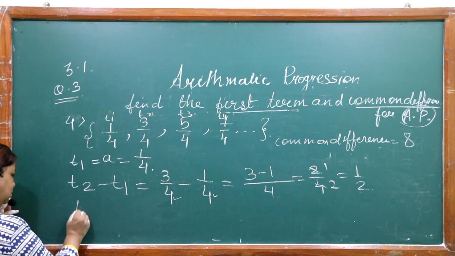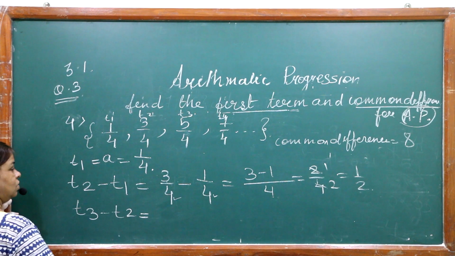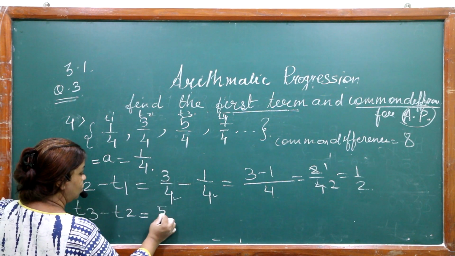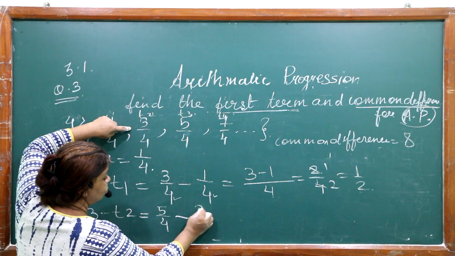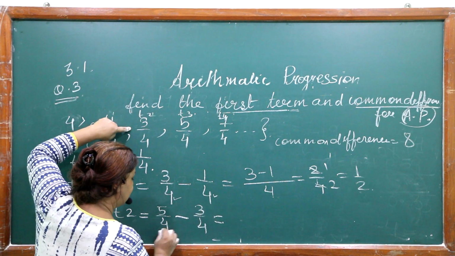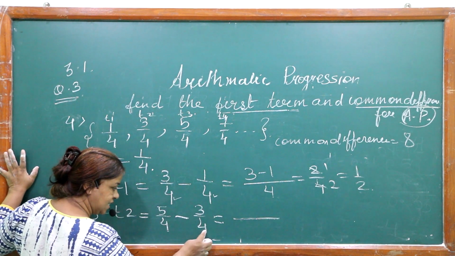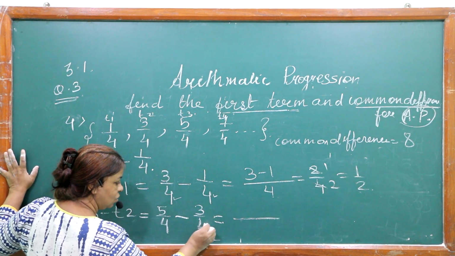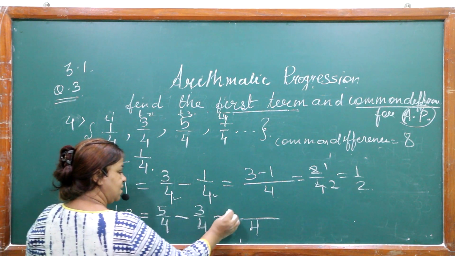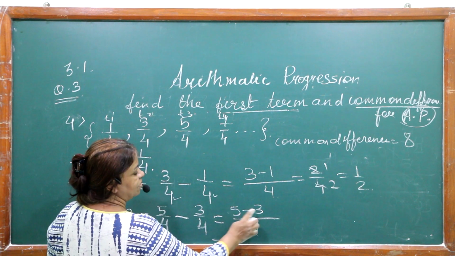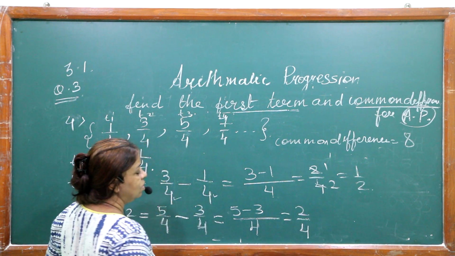Next one, T3 minus T2. T3 is 5 upon 4, minus T2 which is 3 upon 4. As the common denominator is there, here also 4 and here also 4, I can write 4 commonly, and 5 minus 3 is 2 by 4.